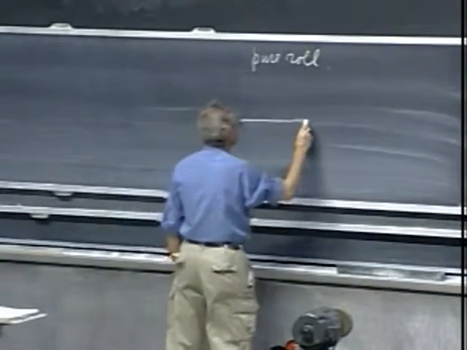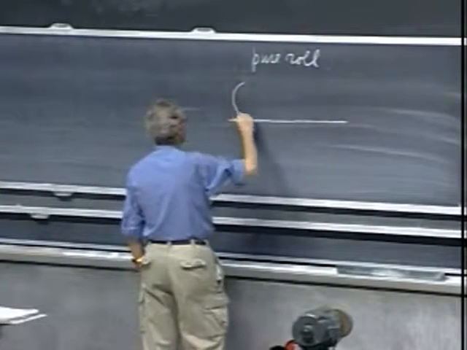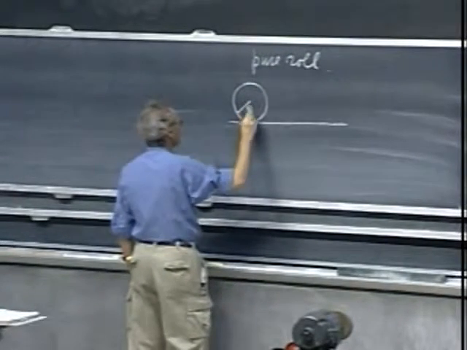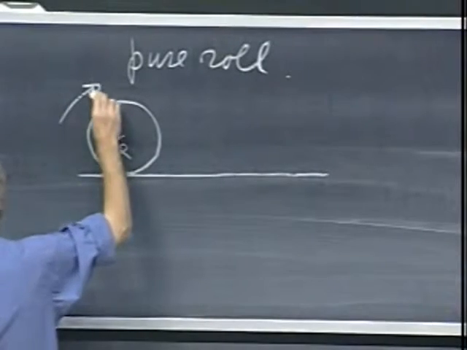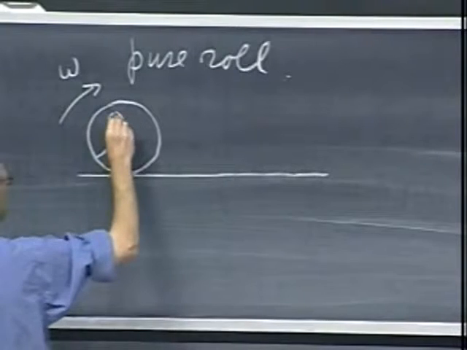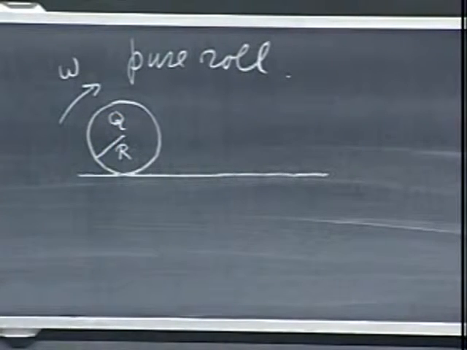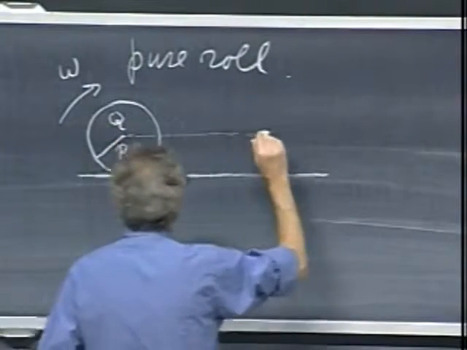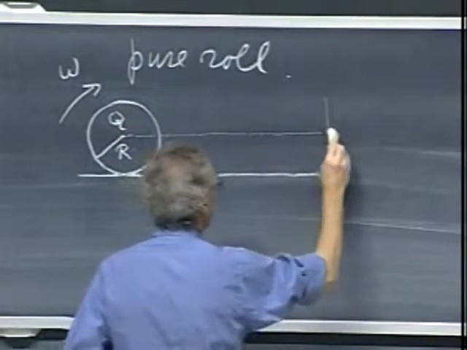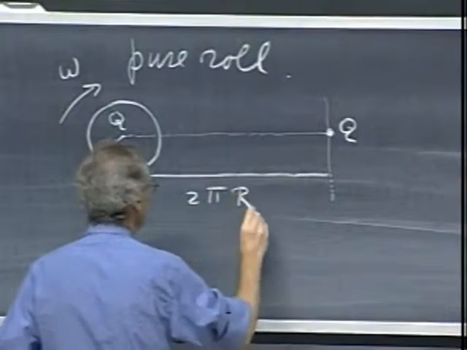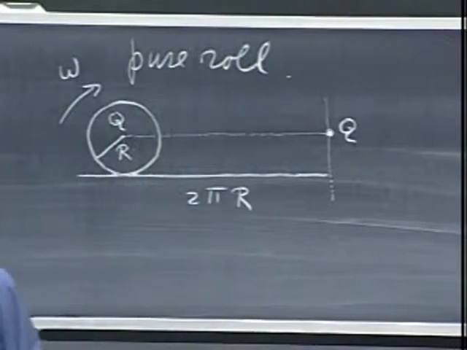If here is an object, cylinder or sphere, with radius r, and I'm going to rotate it like this and roll it in this direction, the center is called point Q. Once it has made a complete rotation, if then the point Q has moved over a distance 2 pi r, then we call that pure roll.